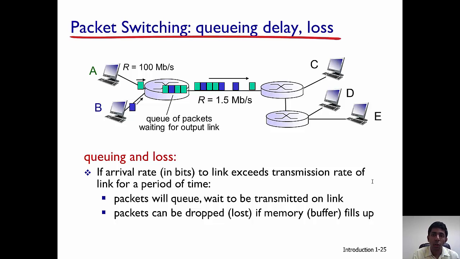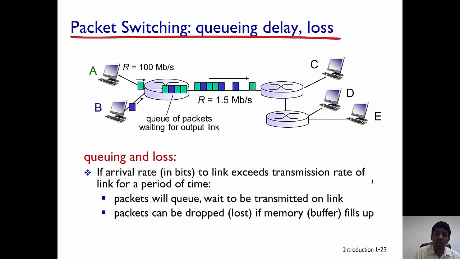Another important thing that we have to study here is loss. Let's assume that the queue has a fixed capacity. Here, let's assume that the queue has a capacity of 4, that is, it can only store 4 packets. So in this example, the router connected to A and B is already holding 4 packets. Before one of those packets is actually put onto the wire, if additional packets enter, there is no place for the router to hold those packets, so those packets are going to be dropped.